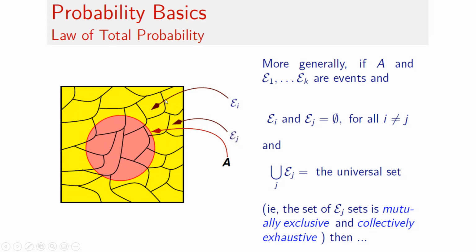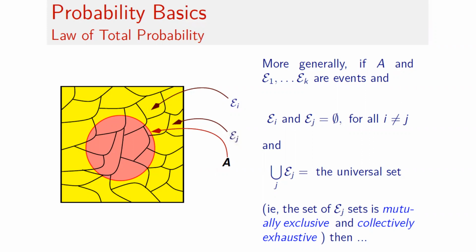In this case, we can see that this area is this event, for example, epsilon sub index i, and this is another event, epsilon sub index j. And we can say that the event capital A is shown by this circle here.